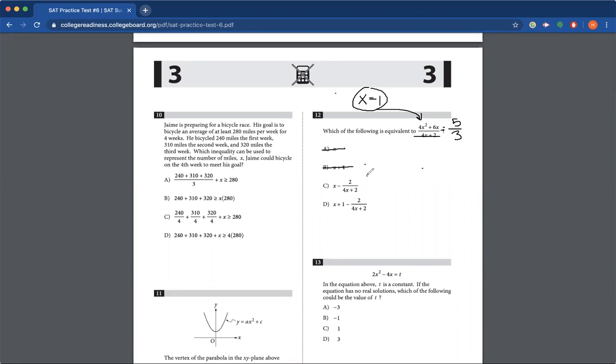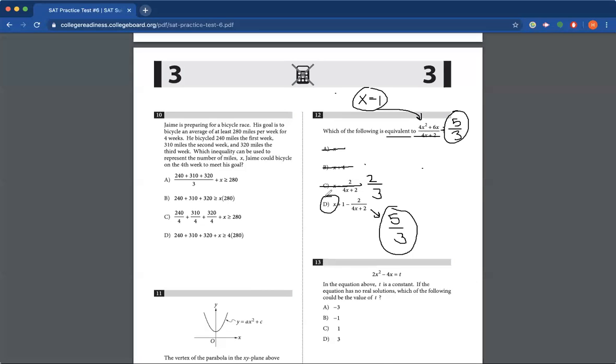Over here, I get 2/3, which is also incorrect. And over here, I get 5/3. So we see there's a 5/3 here and 5/3 here. Because these two are equal, this equation must be the same as this equation. Okay, did you get that? Yeah, okay.